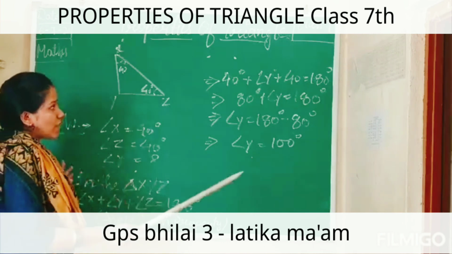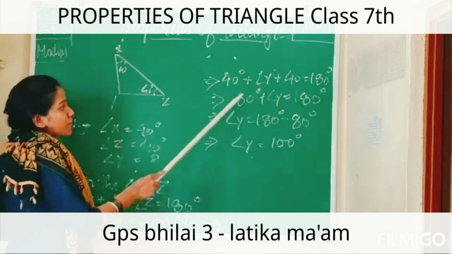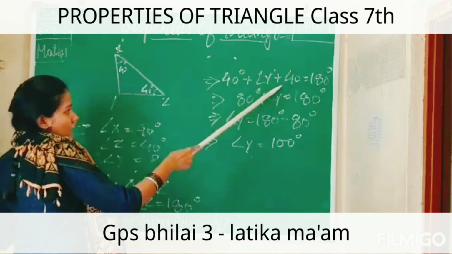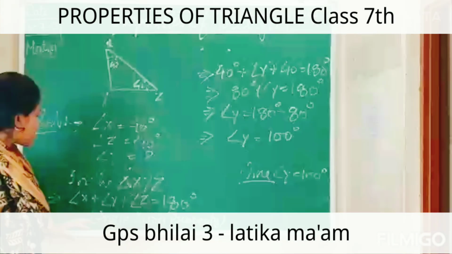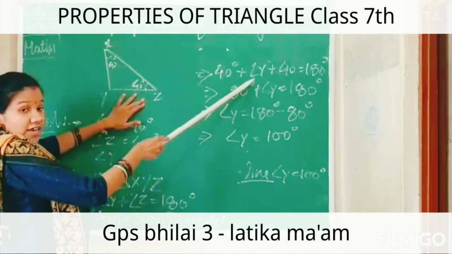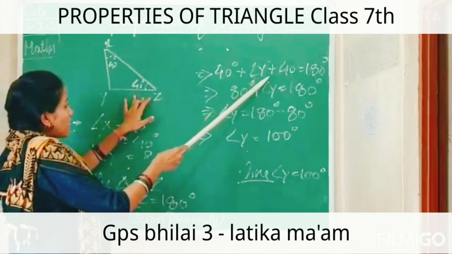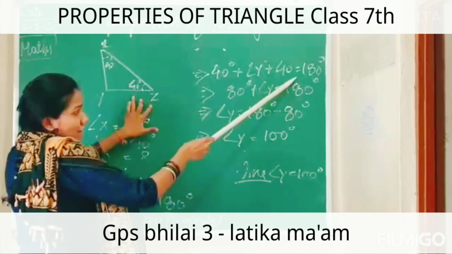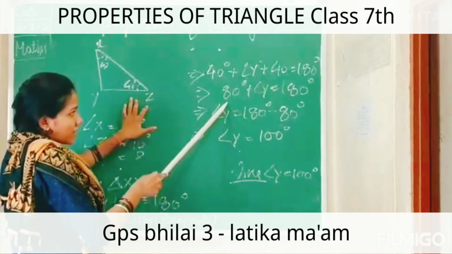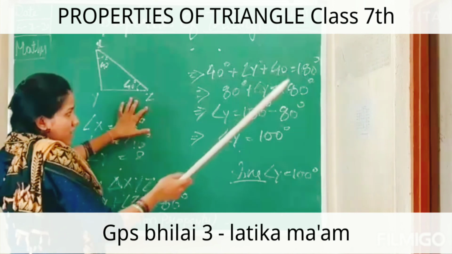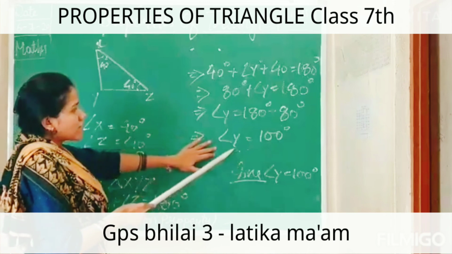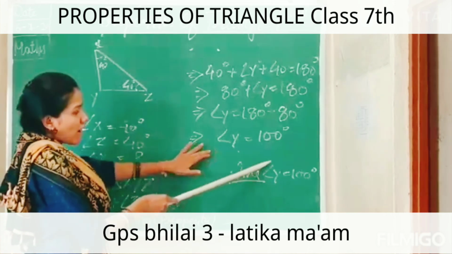Then put the values of x and z, because x and z are 40 degrees. 40 degrees plus 40 degrees plus angle y is equal to 180 degrees. Angle y is equal to 180 degrees minus 80 degrees. Angle y is equal to 100 degrees.